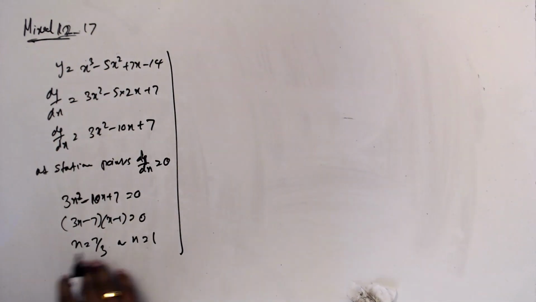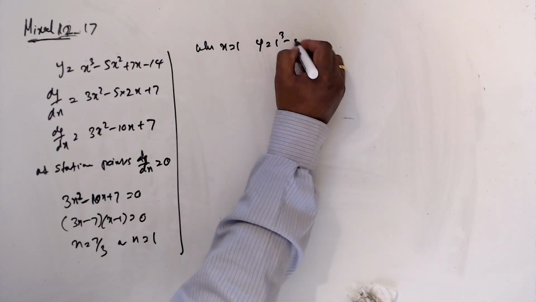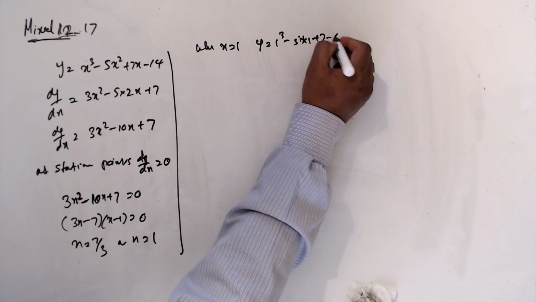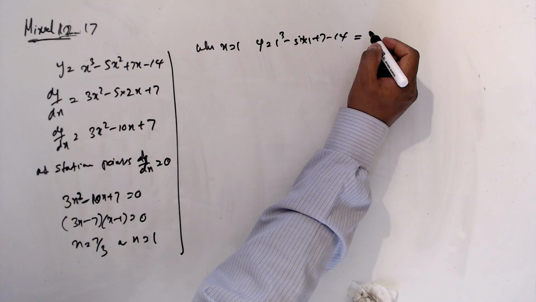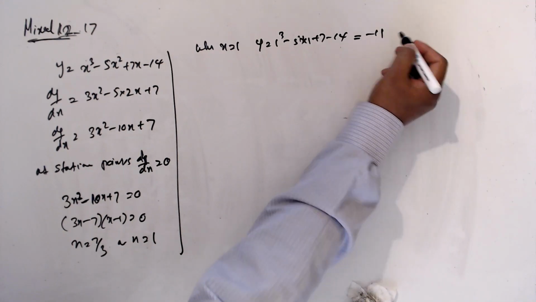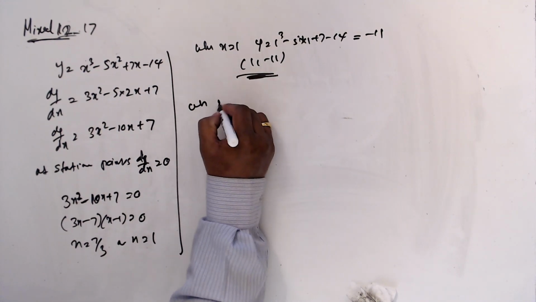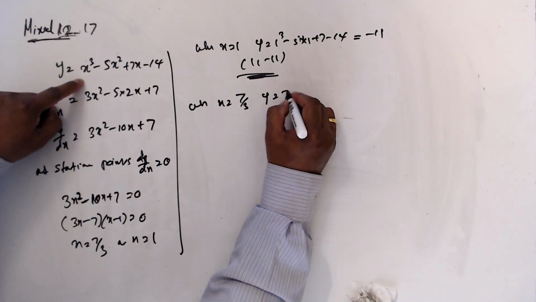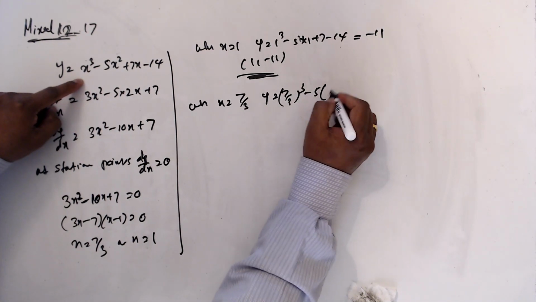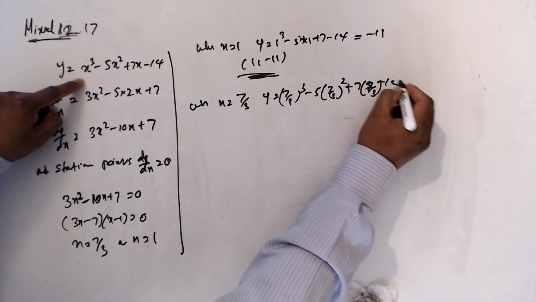Now when x equals 1, y equals 1 cubed minus 5 times 1 squared plus 7 times 1 minus 14. This answer will give minus 11, so (1, -11) is one point. When x equals 7 over 3, y equals (7/3) cubed minus 5 times (7/3) squared plus 7 times 7 over 3 minus 14.